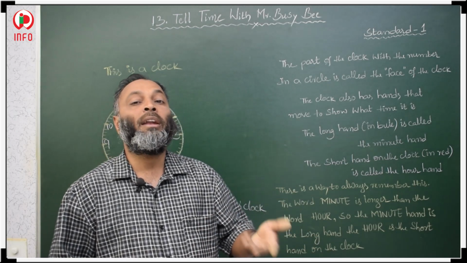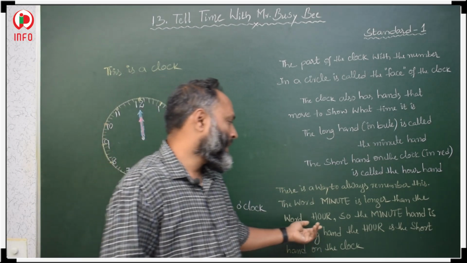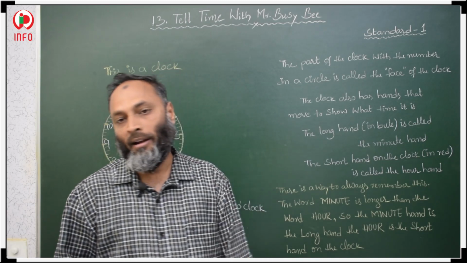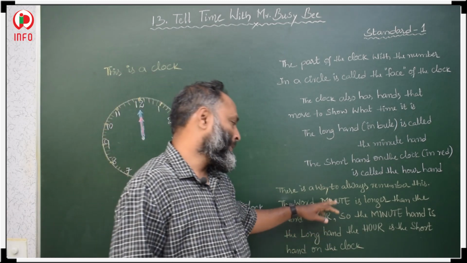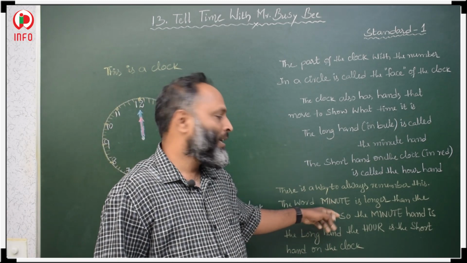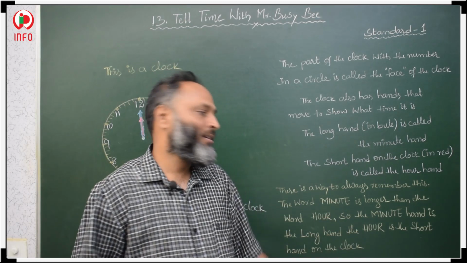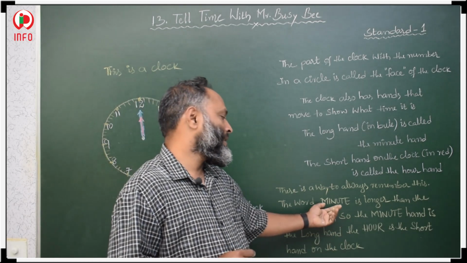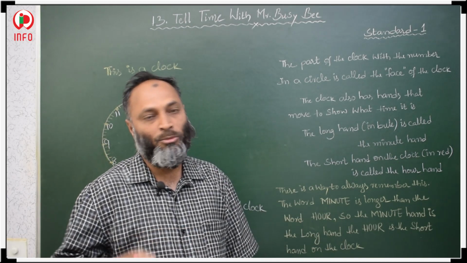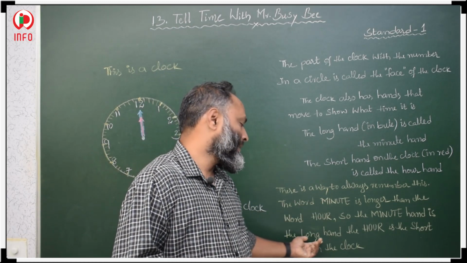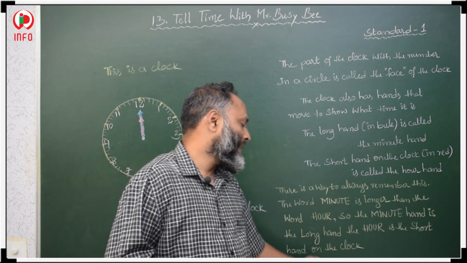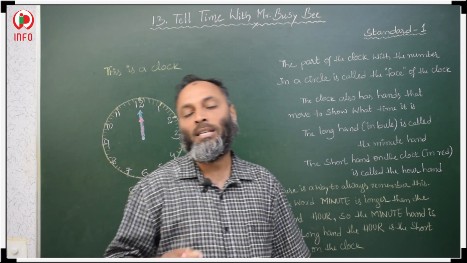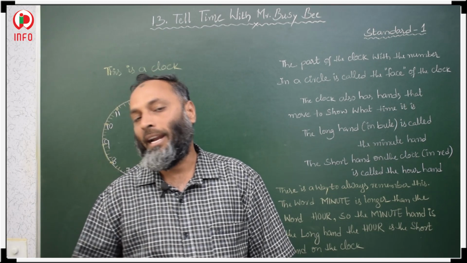It means the minute hand is a bigger hand, a longer hand. According to the spelling, minute has 6 letters and hours has 4 letters. It means the minute hand is the longer hand. The hours hand is the smaller hand.